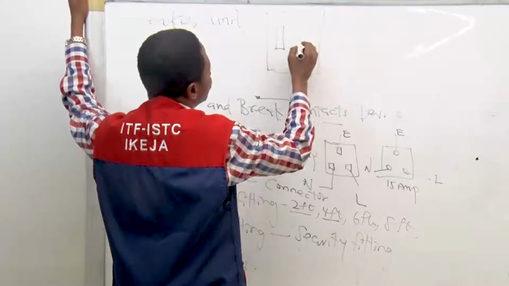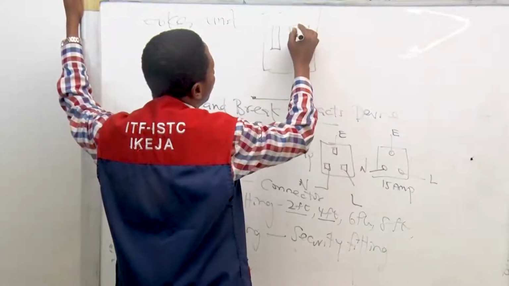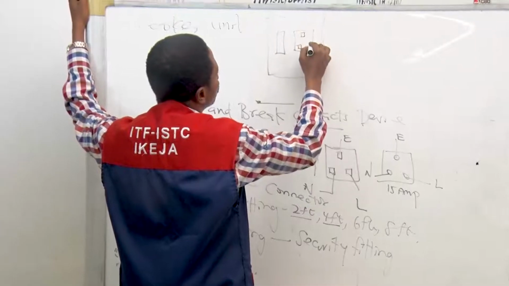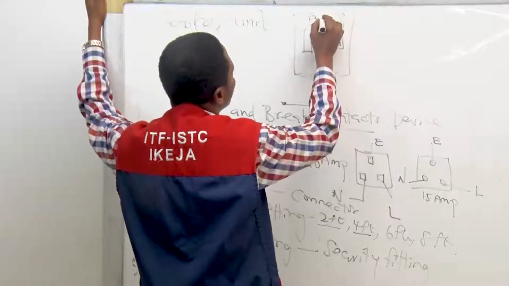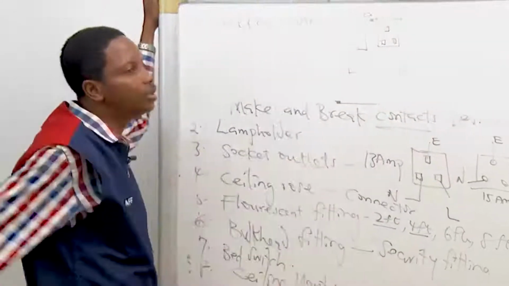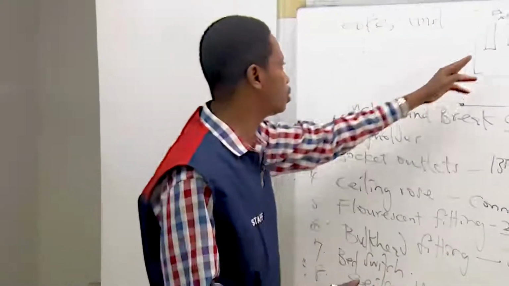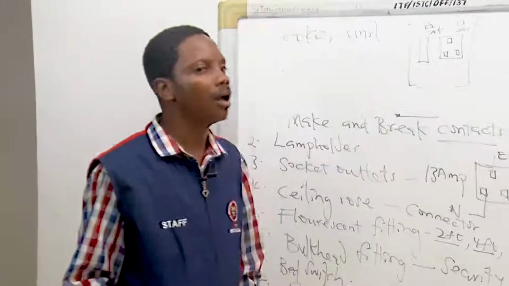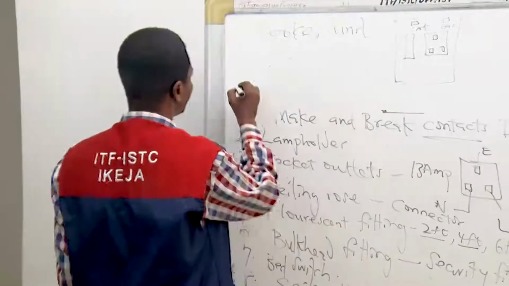It has a very big switch, and beside it we have a small switch with two lights. This is for the cooker, this is for the socket. This is where you connect your cooker, and this external socket can be used for any other thing.